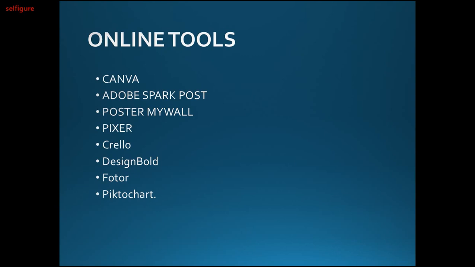So it's very important for you to choose any of these and try out. And I'm going to make a video showing how to design a poster using Canva in the next video, so do check on that.